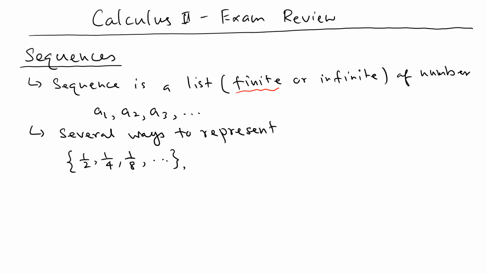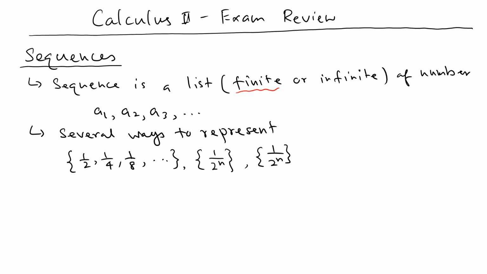The second one is we can write a formula for that. So for example, you can see these are the powers of 1/2. So it is 1/2 to the n. So this is another way to write it. We can be more specific about this one. We can say 1/2 to the n, and we can say what the starting value is.